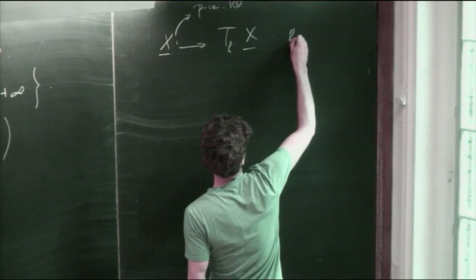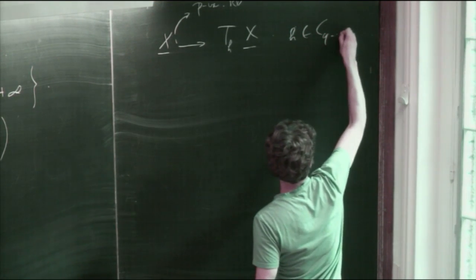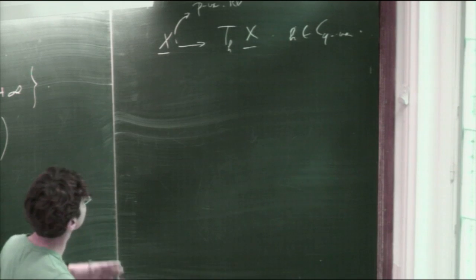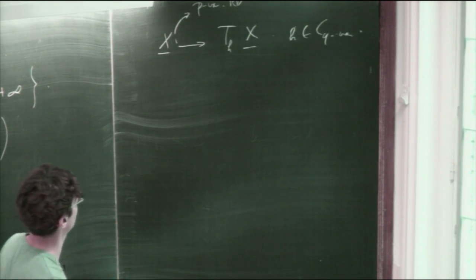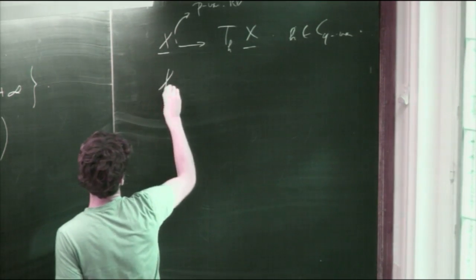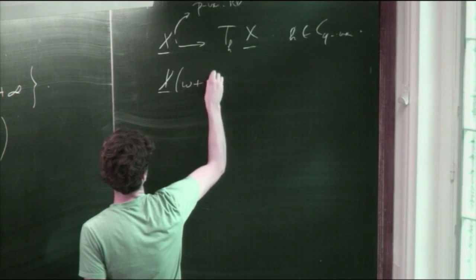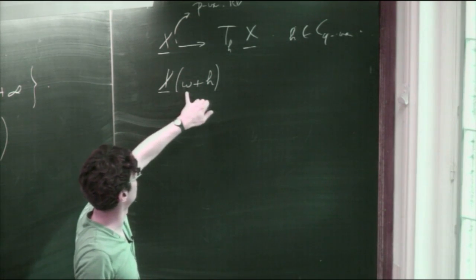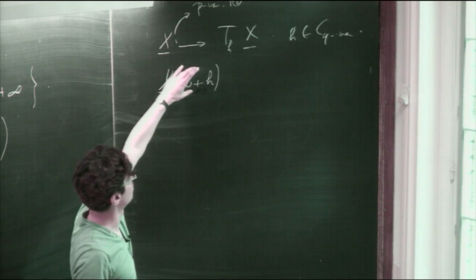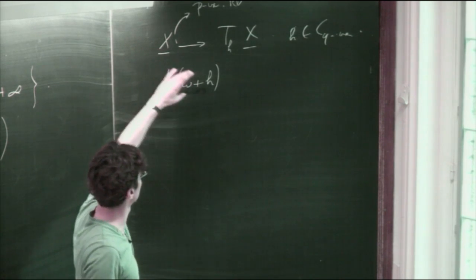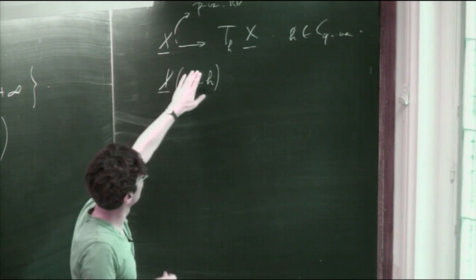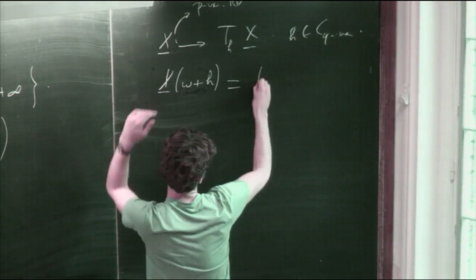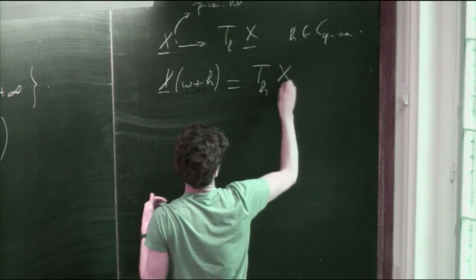For h in Q bar. And then you can basically prove that there is this lemma which always appears: if you look at x bar of omega plus h, this is a well-defined random variable, right? You have this omega plus h, an element of your sample space, and to that you know that for almost all of those you can associate the rough path, and it's quite easy to see that this will coincide with this function here.